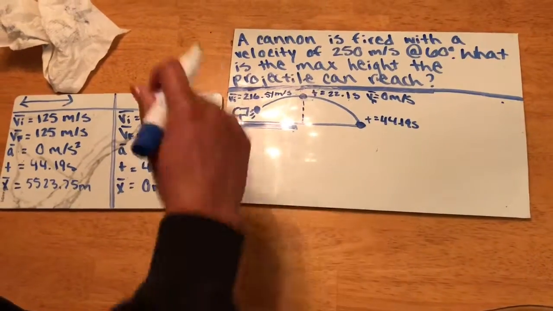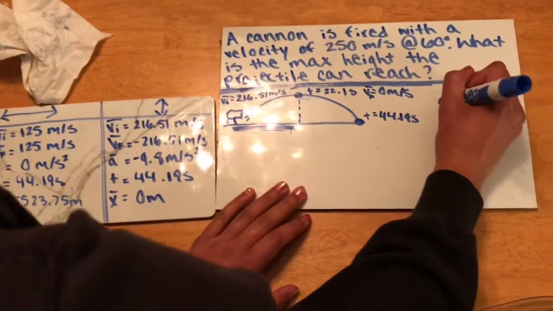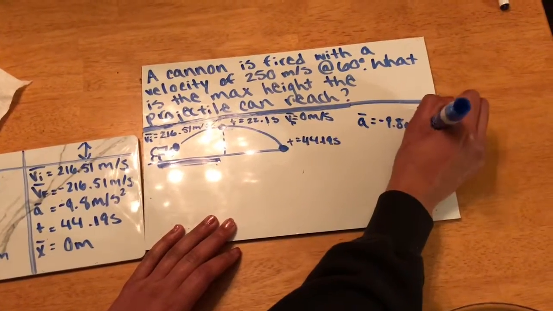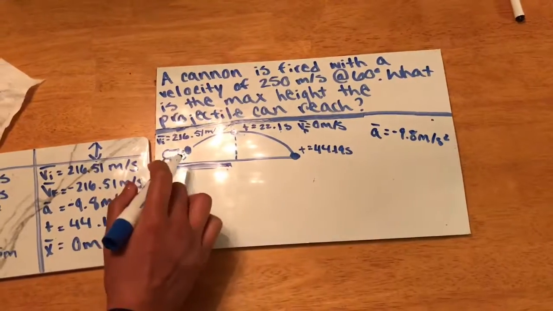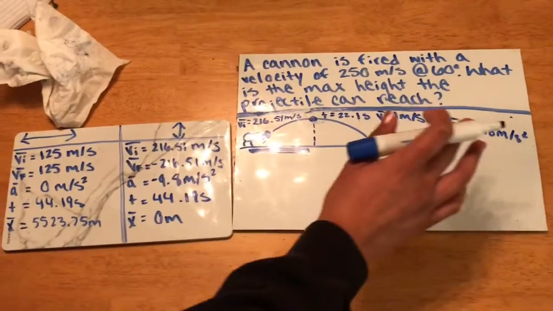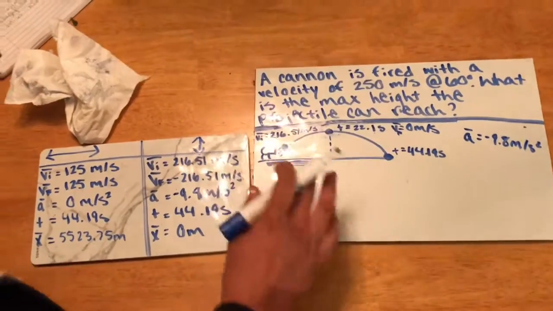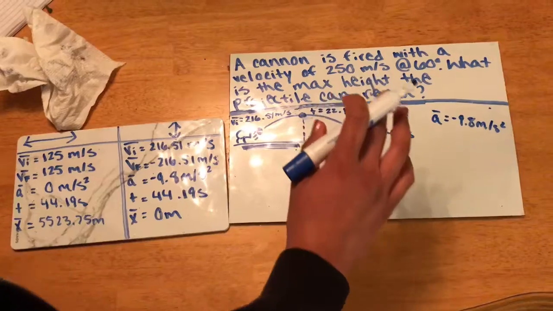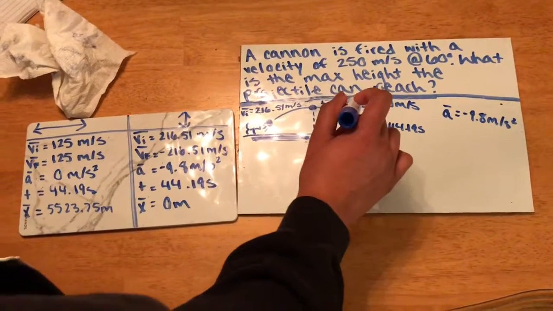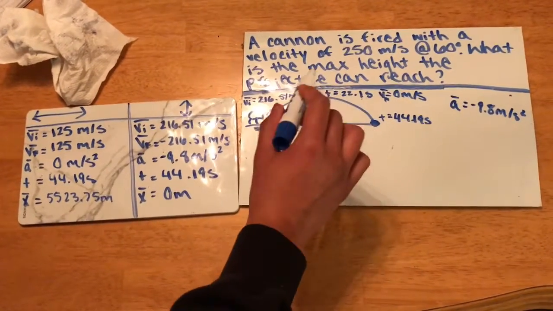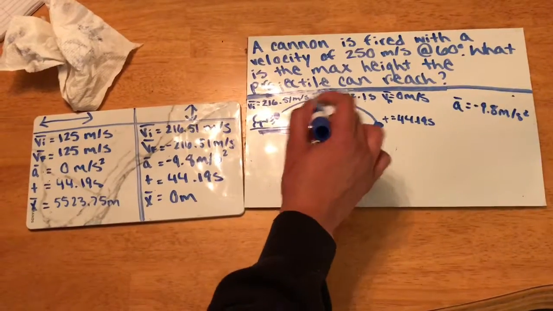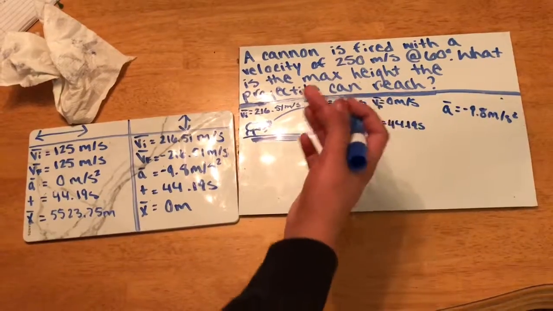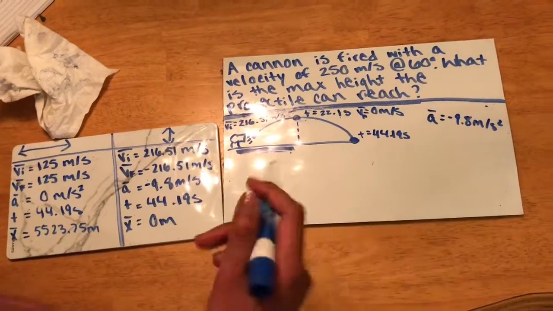And due to the fact that this is a projectile, our acceleration is negative 9.8 meters per second squared, because once this ball leaves the cannon, it's just the force of gravity acting on it. So now that we have all of this information together, and we have our half time, we can solve for this displacement, which will give us the highest position that this cannonball will reach.